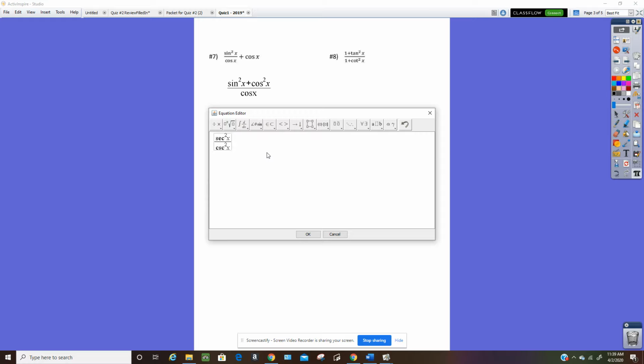All right, and then if I turn both of those in terms of sine and cosine, I'm going to use the reciprocal function. So let me do this, and then another fraction bar in the numerator and denominator.